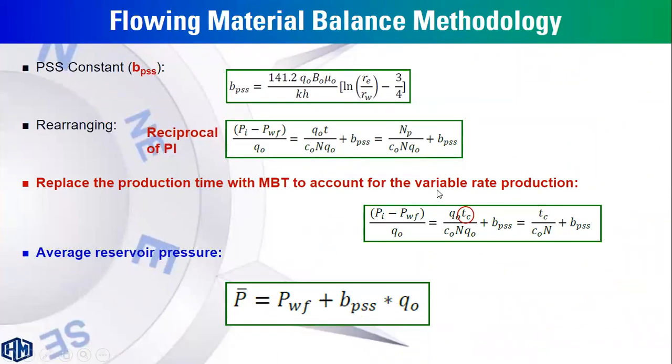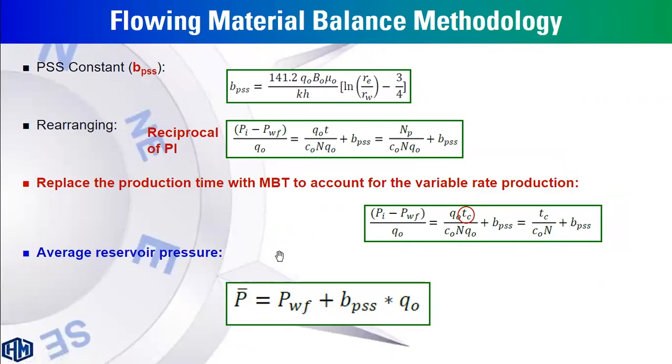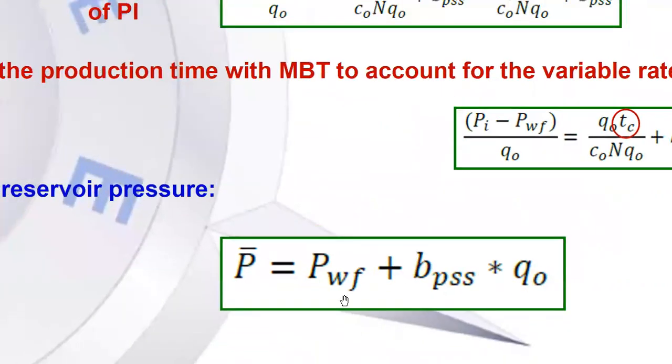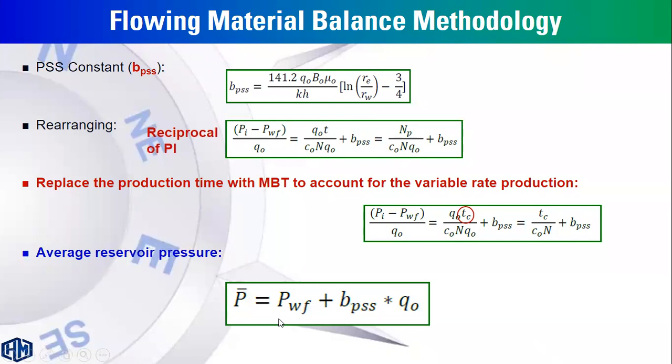In flowing material balance, we will convert time by using the material balance time, as mentioned, this term, and the average reservoir pressure can be defined using this equation: it's Pwf plus this term, a function of the pseudo-steady state constant and the oil rate. So we can determine the average reservoir pressure using the bottom hole flowing pressure, but you have to have boundary dominated flow or pseudo-steady state flow conditions.